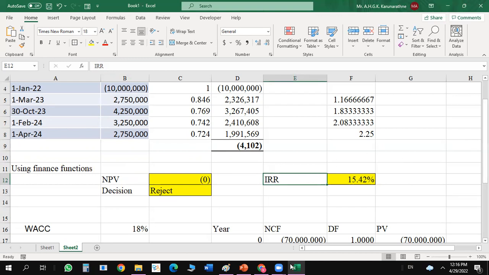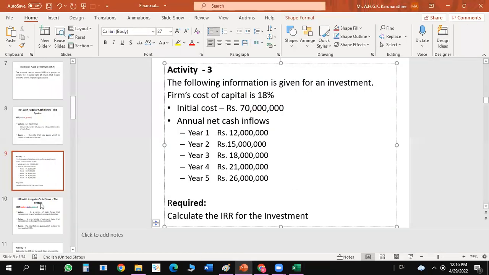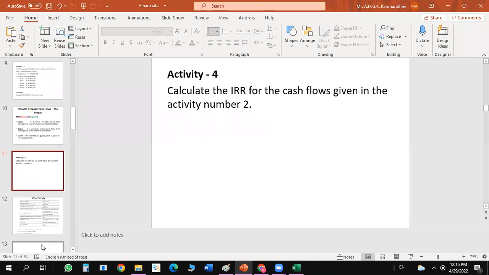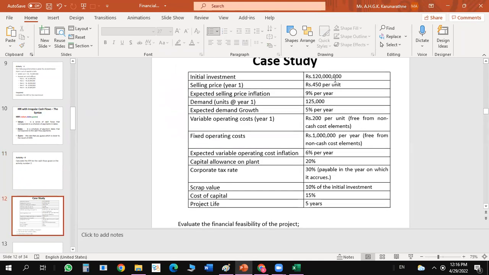Then yes, we did this as well. We have a case study, a scenario.